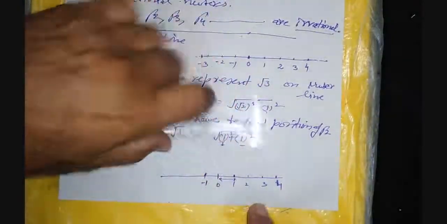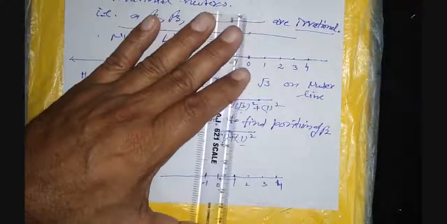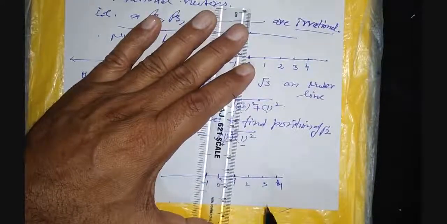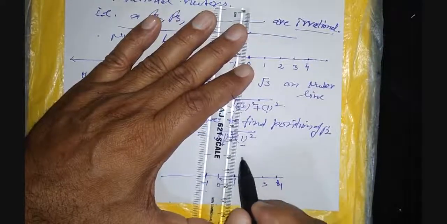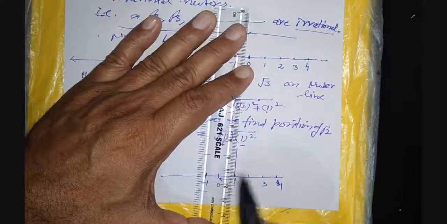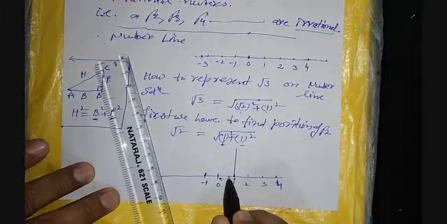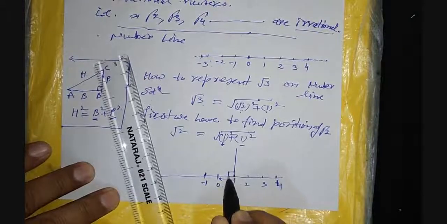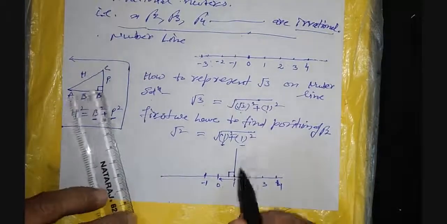I am just drawing in a rough manner, but you can use your instruments. This angle is 90 degrees, meaning this is a vertical line.